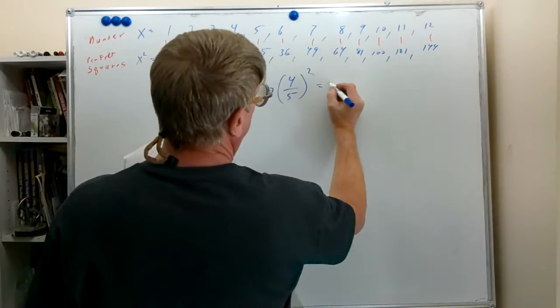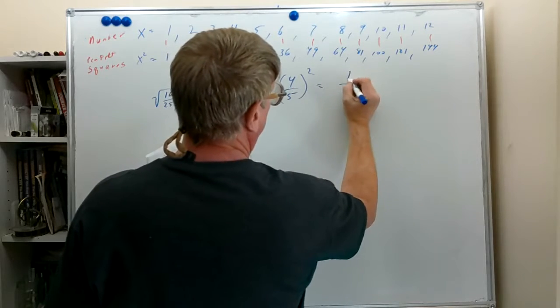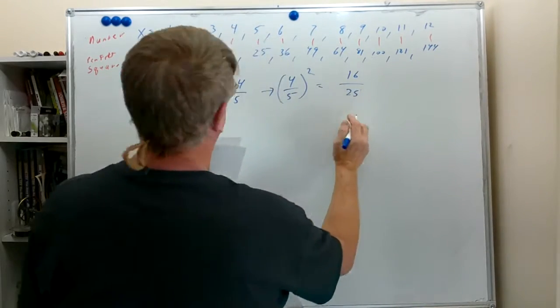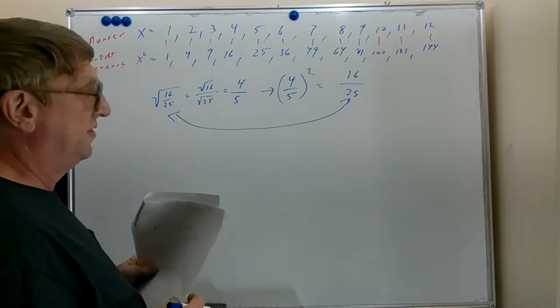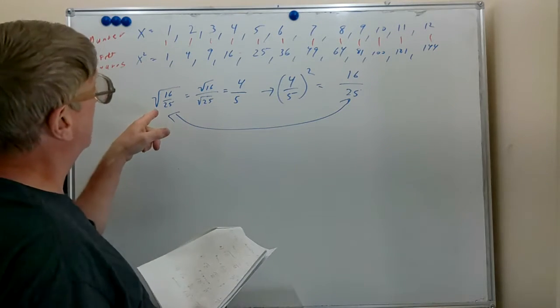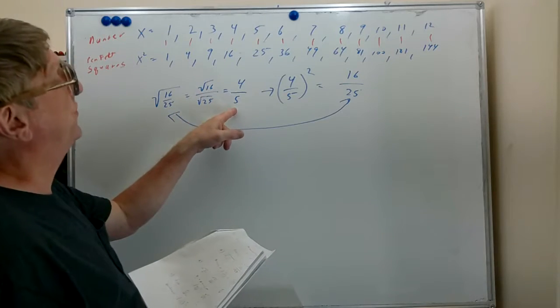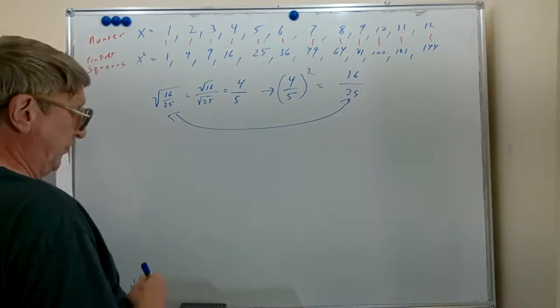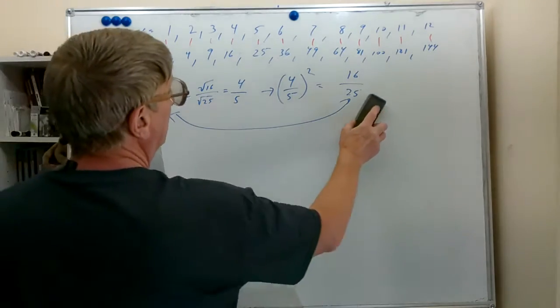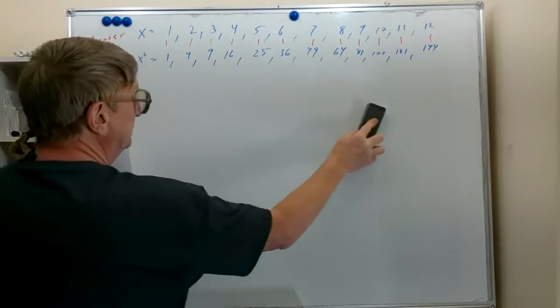Well, 4 squared is 16, 5 squared is 25. We're right back to what we started with. So we squared 4/5 and found that it did equal 16/25.